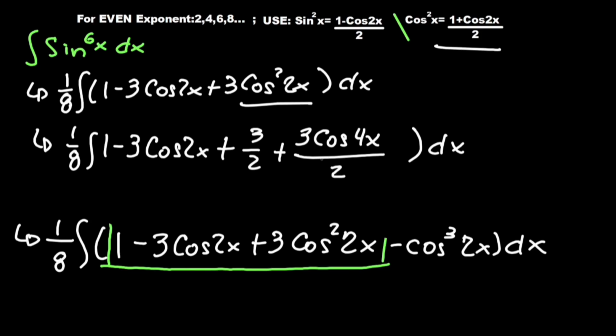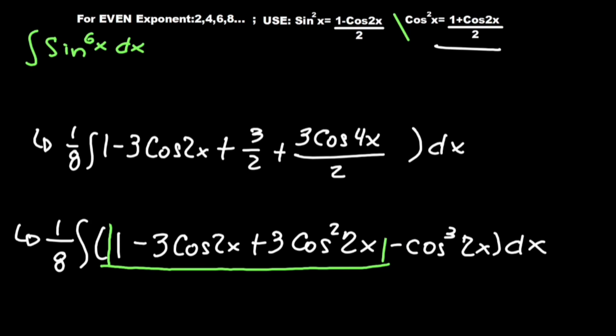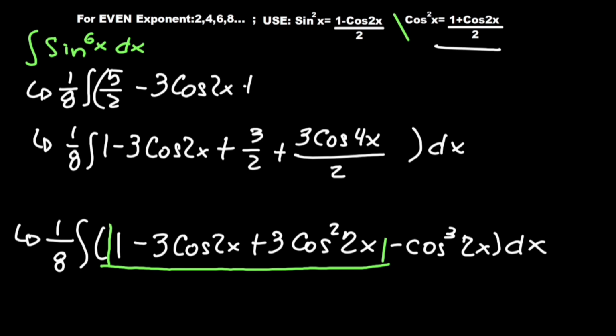There we go, we have that. And so we can add 1 and 3 over 2, which would be equal to 5 over 2. Minus 3 cosine of 2x plus 3 over 2 cosine 4x dx.